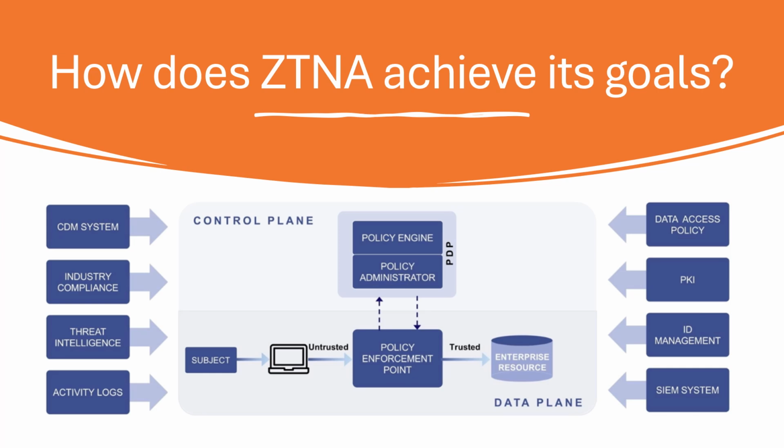It is where all decisions about network access are made, based on a strict adherence to security policies. This component handles the authentication and authorization of users and devices, ensuring that every access request is rigorously verified before access is granted.